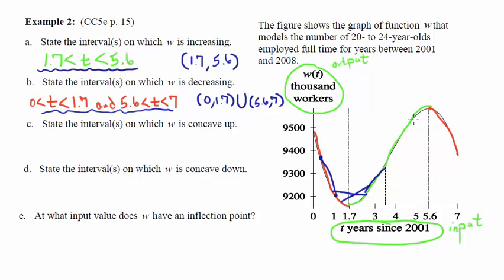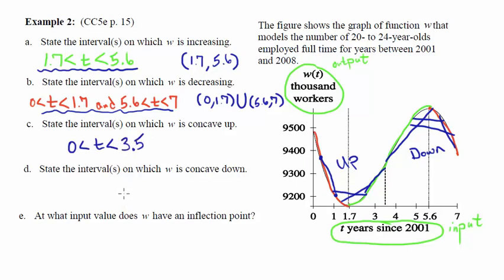And then over here I switched to below, below, below, below. All right, so over here I'm concave up, over here I'm concave down. All right, so the interval where I'm concave up would be from 0 to, we're going to estimate this is about 3.5.